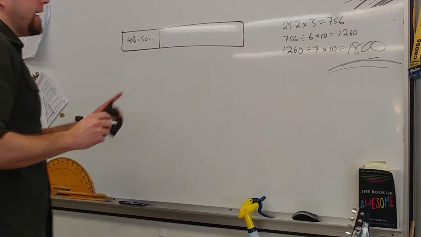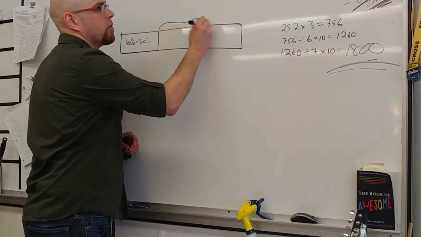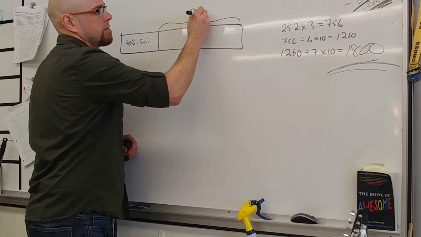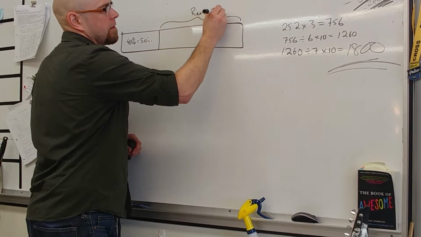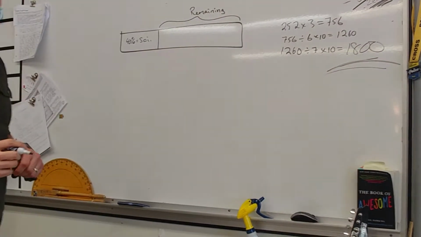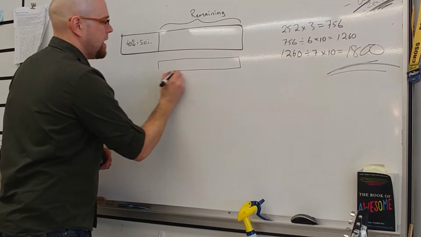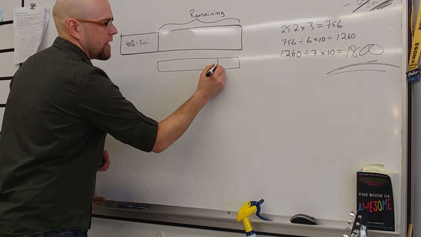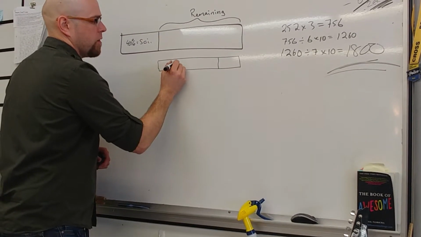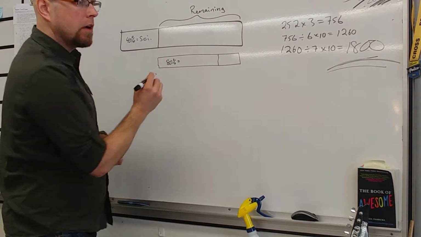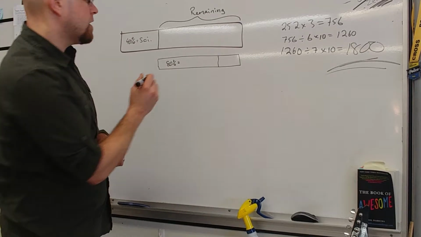It says that 80% of the remaining books are English books. So let's draw a second total. We've eliminated the science books, and it looks like 80% of the remaining books are English books.